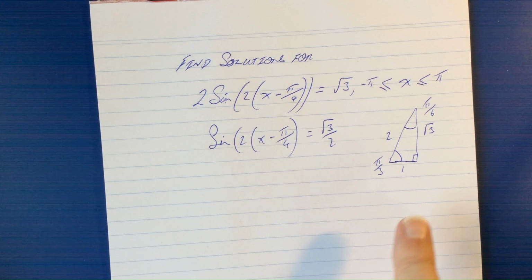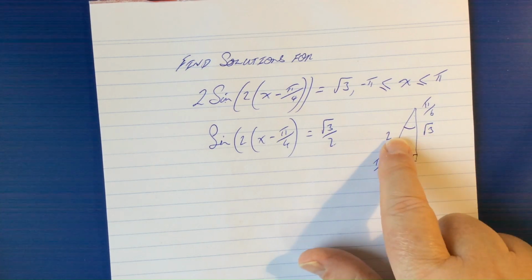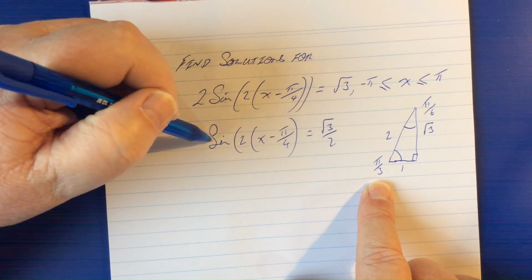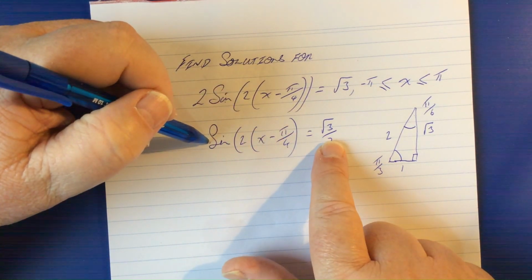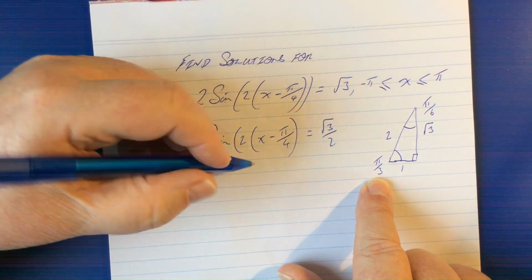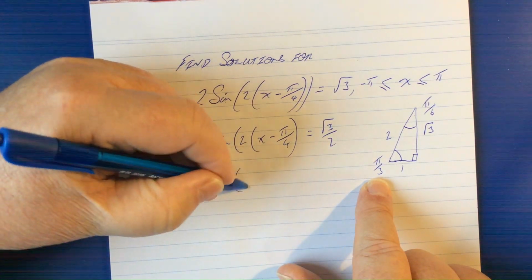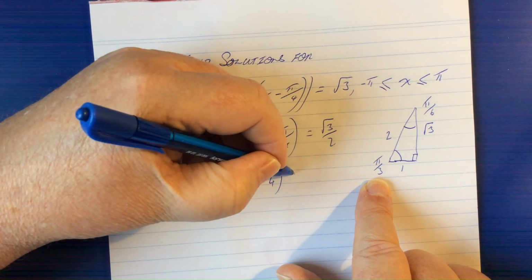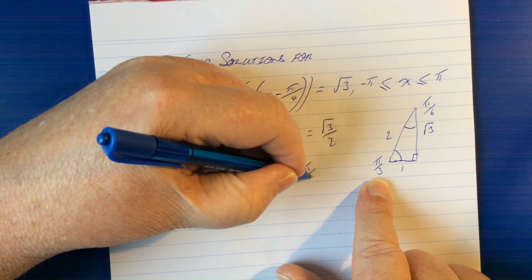The sine is the opposite over the hypotenuse. We're looking at this angle. So we can replace the sine and this with this value in radians. So we have 2 into x minus pi on 4 is equal to pi on 3.